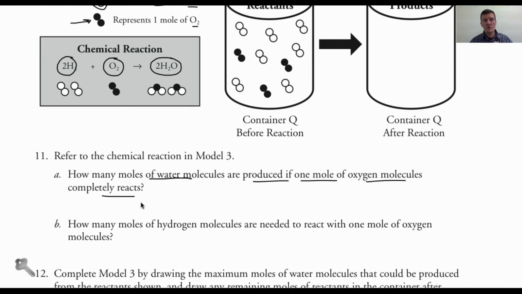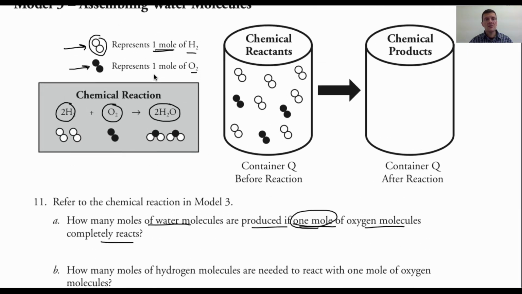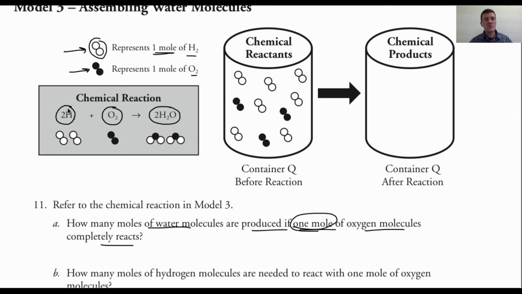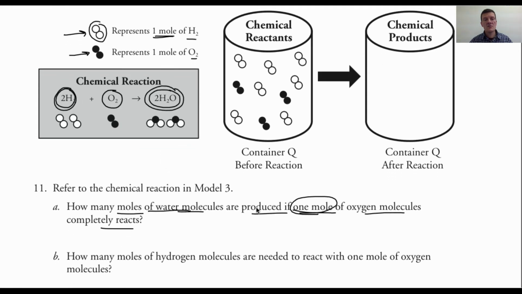Just 1 mole of oxygen is going to react with 2 moles of hydrogen to produce 2 moles of water. How many moles of water are produced if 1 mole of oxygen molecules completely reacts? I assume they're making the point that you've got plenty of hydrogen. So you're going to create 2 moles of water.